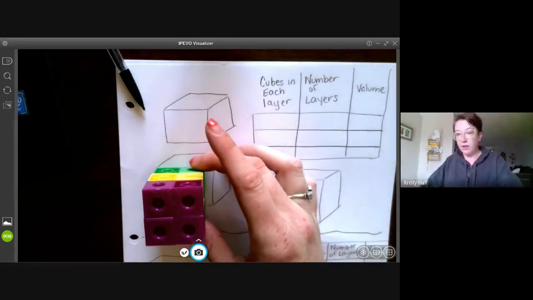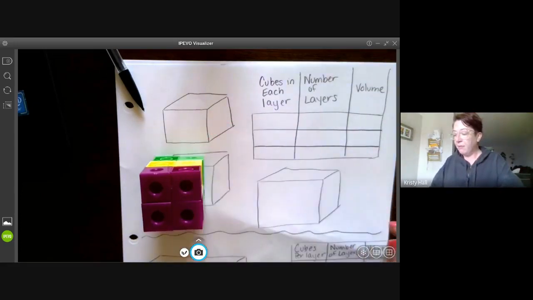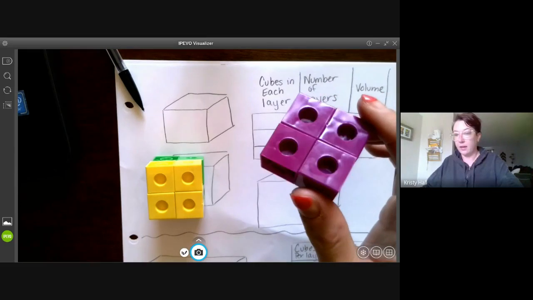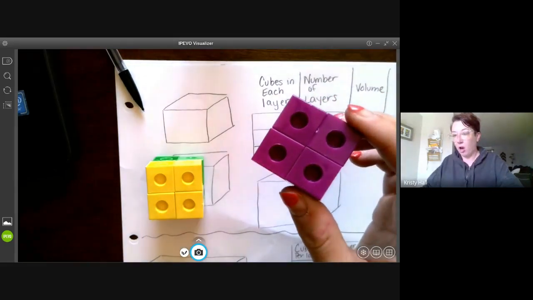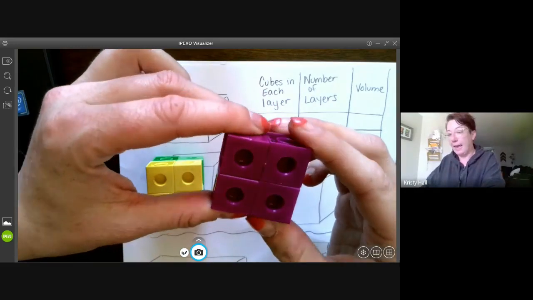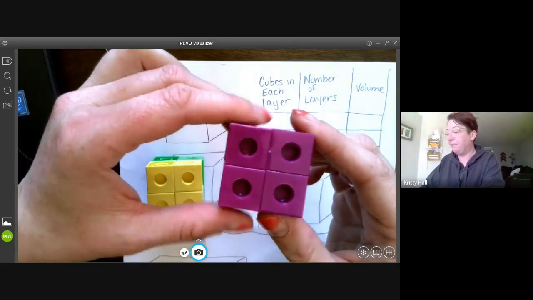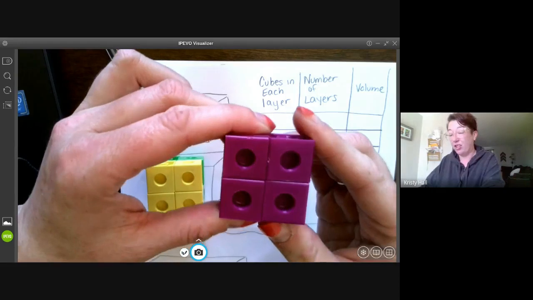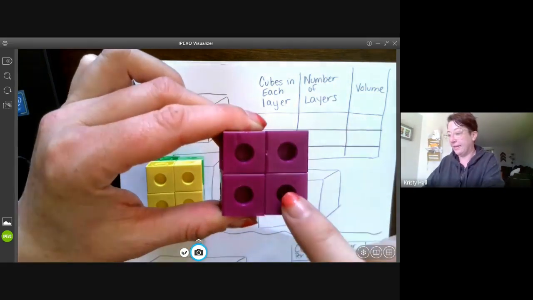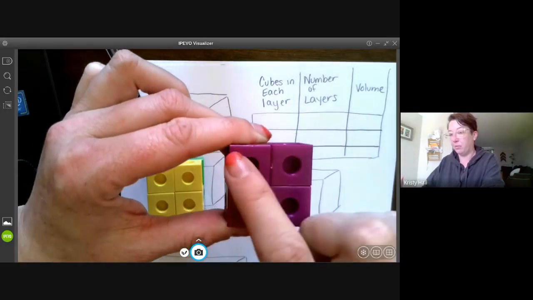So if you look at the figure that I made, they want to know how many cubes are in each layer. So I'm going to take off just one layer here, and let's look at this layer. How many cubes are there in this layer? Well, the thing I'm going to do today that's a little different than yesterday is I'm going to write it as a multiplication expression. So I'm going to count across and down, and then I'm going to multiply those two numbers.